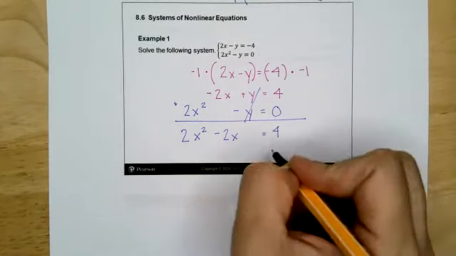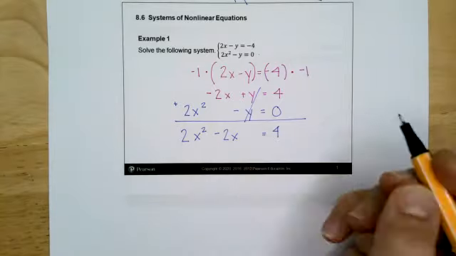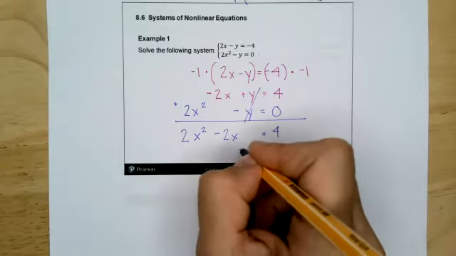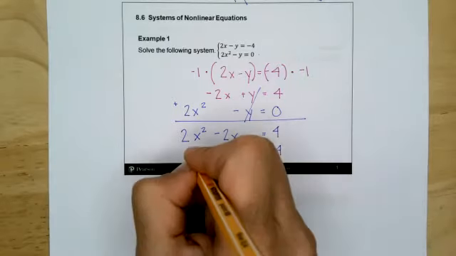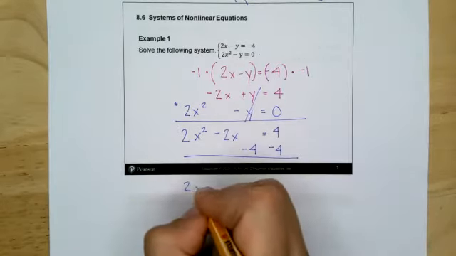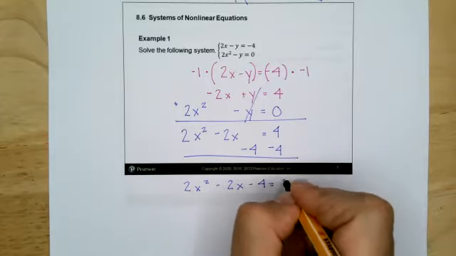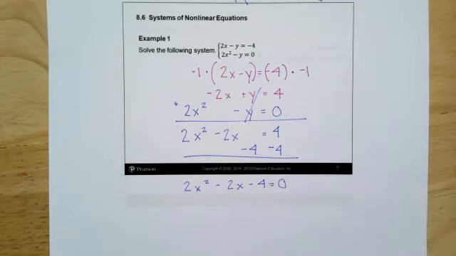Good. To factor it, or to try to find the two answers, we're going to set it equal to 0. So I'm going to subtract 4, subtract 4. 2x squared minus 2x minus 4 is 0. Good. Now this is just the same thing that we saw in previous units. We can use the quadratic formula, or we can try to factor it, whichever one looks easiest to you.